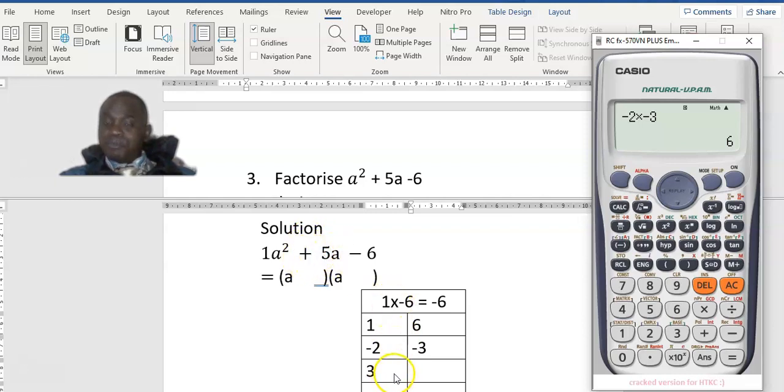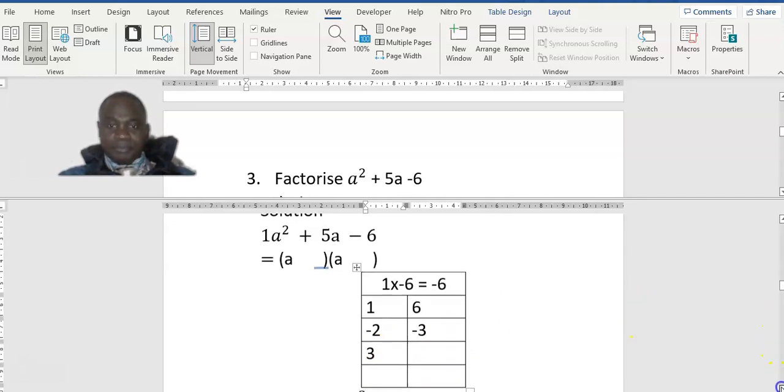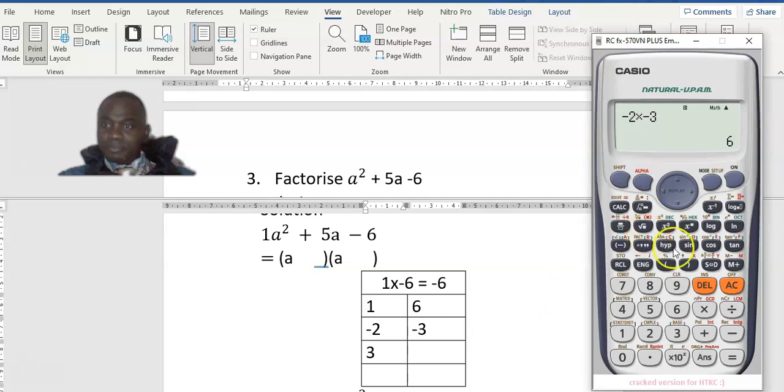So we move on to the next one, which is 3. Let's move on to 3. Okay, so this one also, how are you going to do this one? We have our minus 3, so minus 6 over 3.